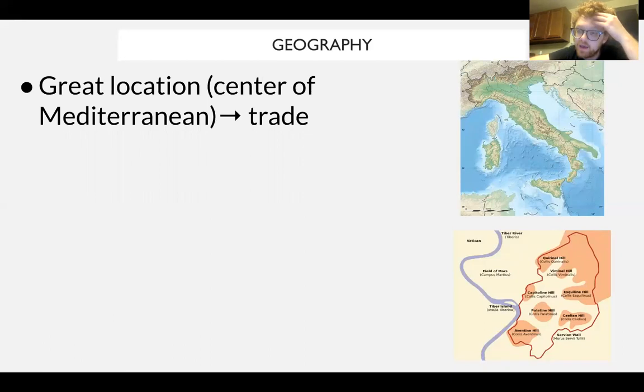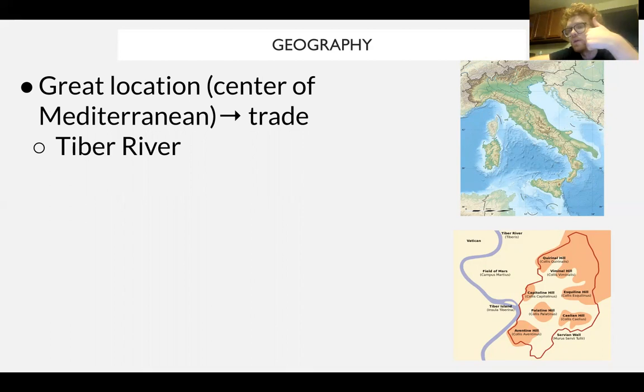Well, Italy, and by extension, the city of Rome, is a great spot in terms of a lot of things. For one thing, Rome is located on a river called the Tiber River, and the Tiber River has access to the Mediterranean Sea. So there is going to be kind of a unique advantage to that. For one thing, Rome can participate in the emerging Mediterranean Sea economy.